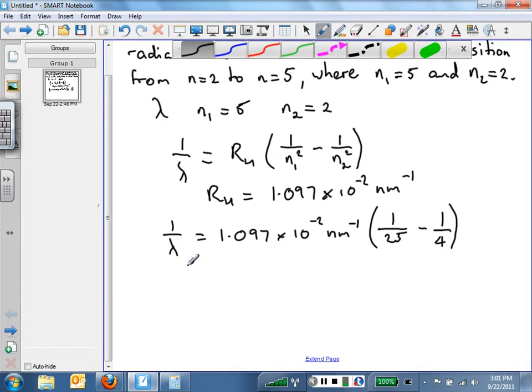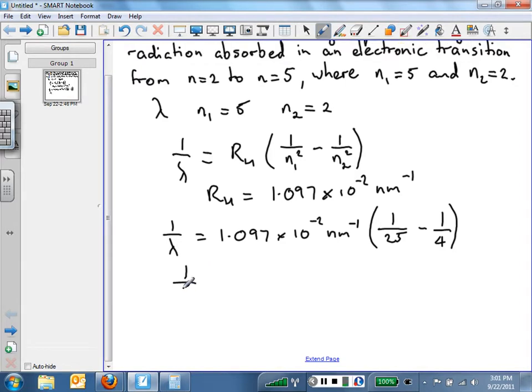Evaluating the equation in parenthesis, we get 1 over lambda is equal to 1.097 times 10 to the minus 2 per nanometer times negative 0.21. Let's not worry about the negative just yet.